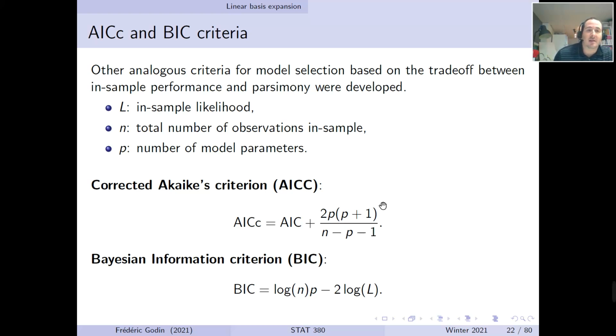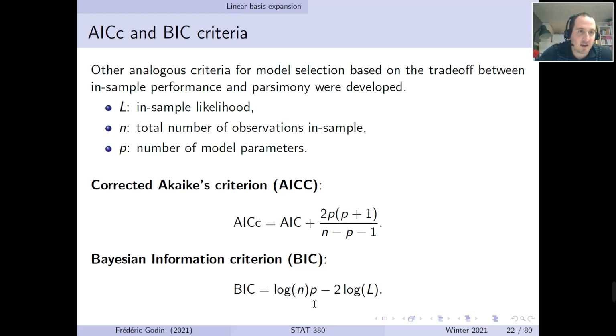So a different penalty for the parsimony is assigned for AICC than for the regular AIC. And similarly for BIC, the penalty also has a different form. The penalty is log n times p instead of being 2p as in the AIC criterion.